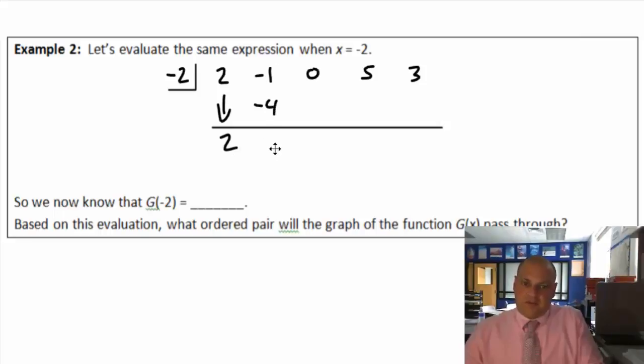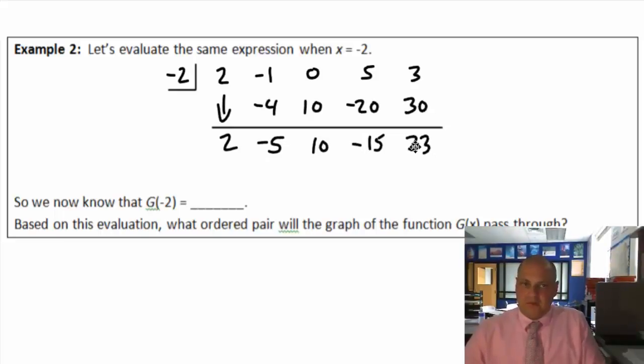I'm going to start going a little faster now. Negative 5. 10. See, once you get the hang of this, I think you're going to like it. It's pretty easy. Add down. Multiply. Add down. Okay? And that is the value at negative 2. You get 33. So we now know that g of negative 2 is 33.